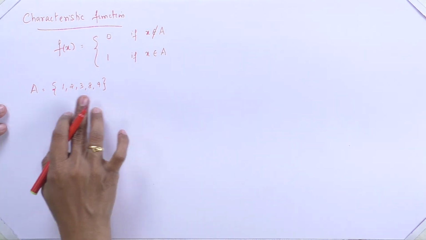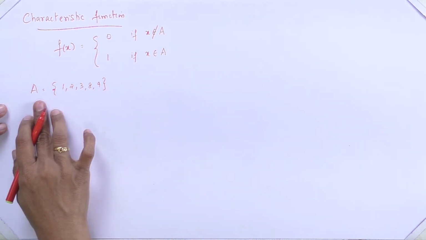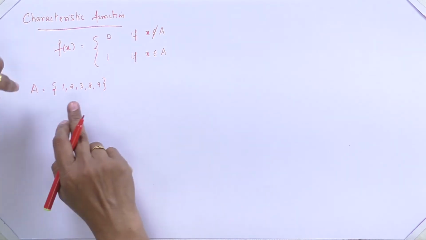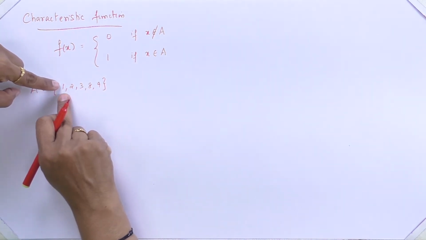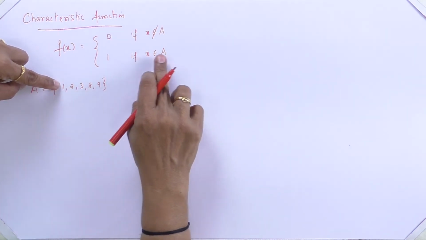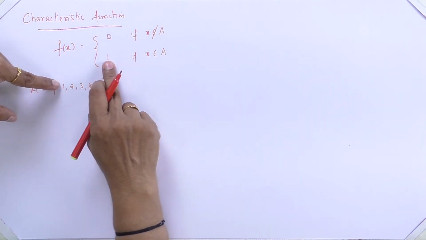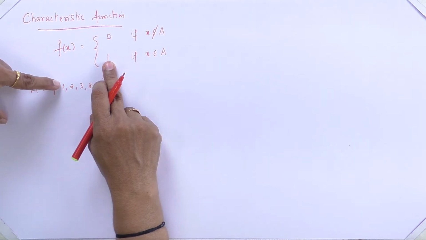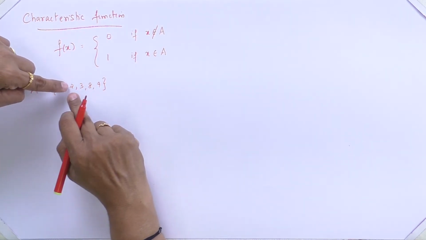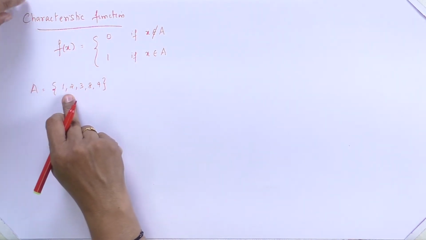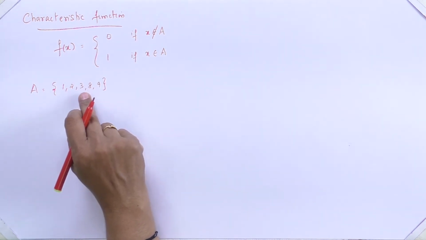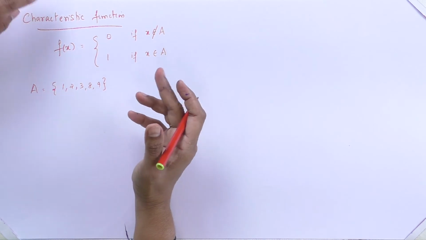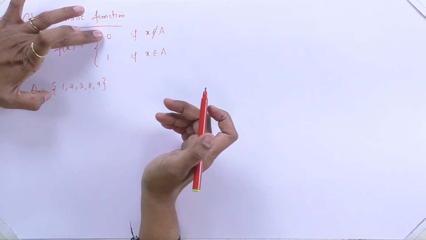If these are the elements in my set A. Now, whenever I find an element in the set, so if I find 1 here, that element is present in the set, so therefore the function will have the value 1, right? And next, I have to see if x is present in A. 2 is present here, so it will be 1. 3 is also present, but 4, 5, 6 and all are not here. So therefore in that place I will give 0.